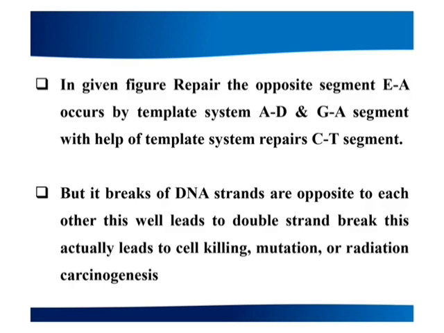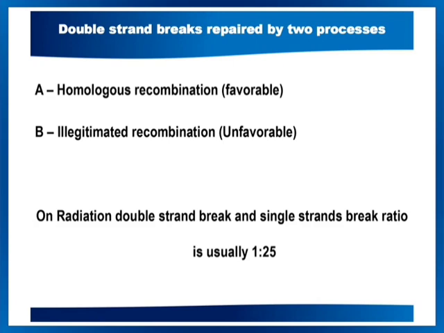The double-stranded break is repaired by two processes. One is homologous recombination, that is favorable, and the other is illegitimate recombination, that is an unfavorable process. So the latter is dangerous. Homologous recombination is favorable, no problem happens.